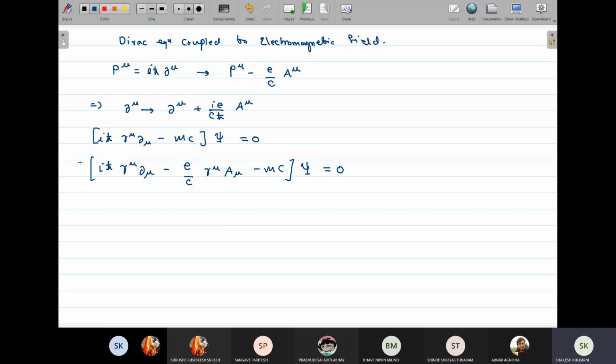Right. So you can now write in the Hamiltonian form. I will multiply by gamma 0 from the left. The first term in this expansion will be gamma 0 del 0, and when I multiply from the left by gamma 0, I will get gamma 0 square, which is identity.